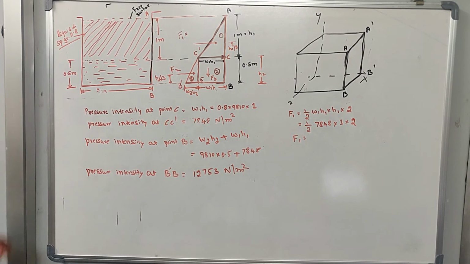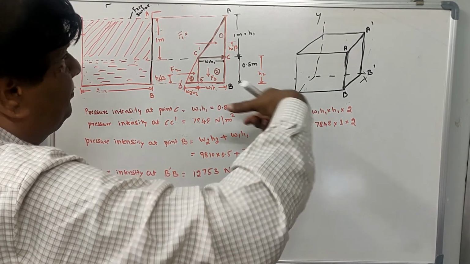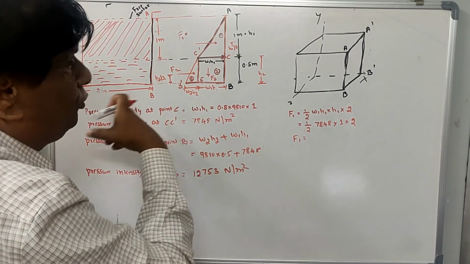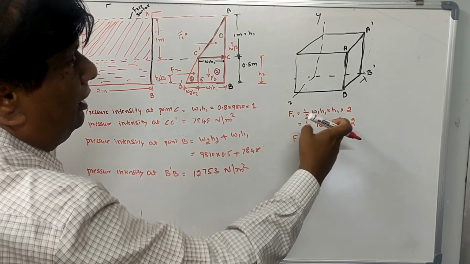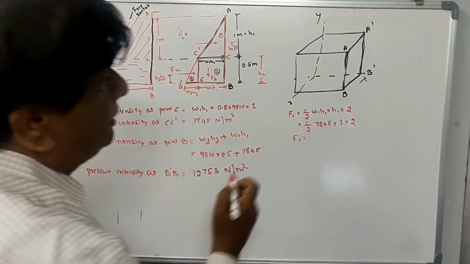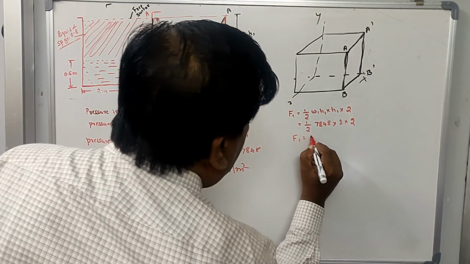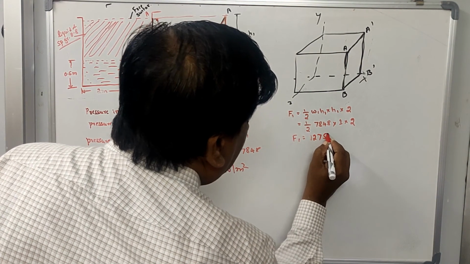Area of this triangle multiplied by the width of the tank, which is given as 2 meter. So this is 7,800. You calculate that.